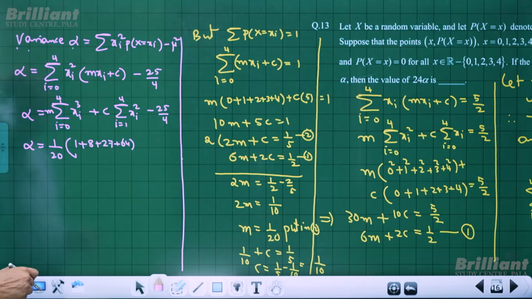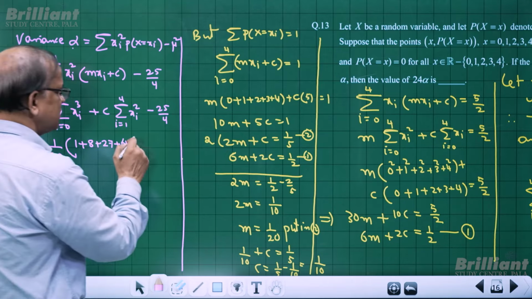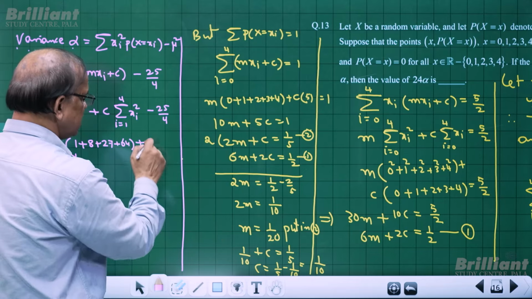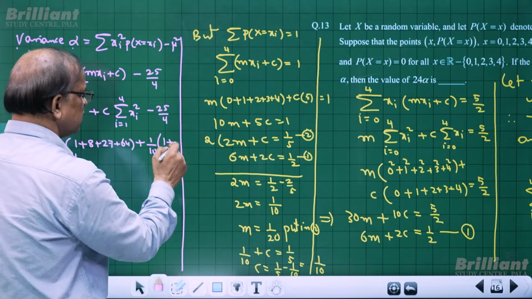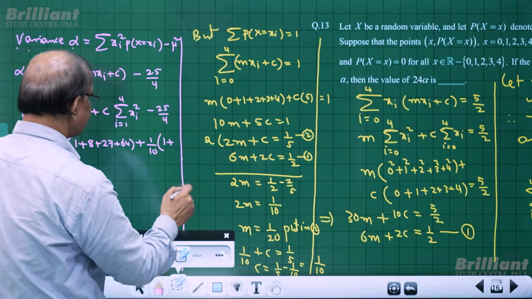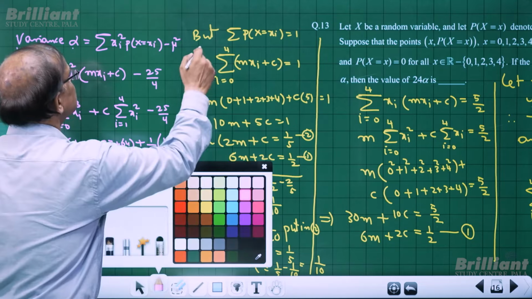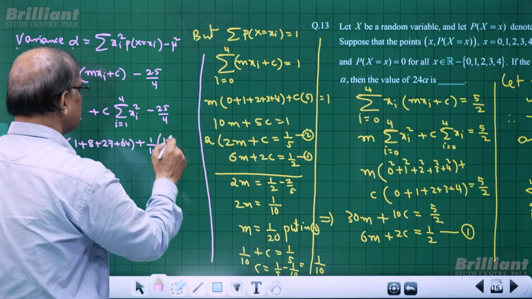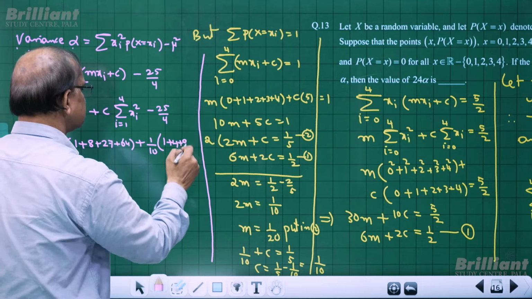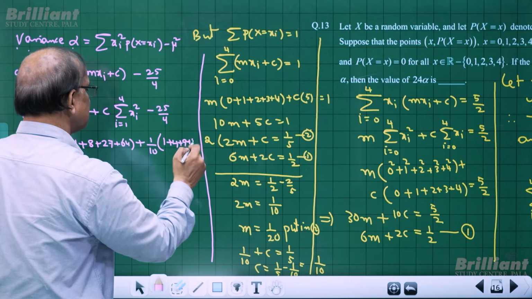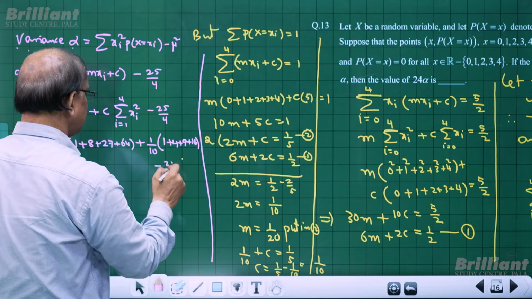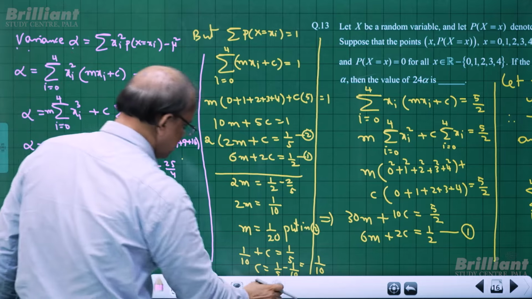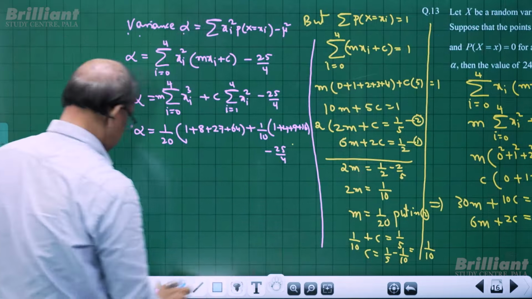Plus c, which is 1 by 10, times 0 square, 1 square, 2 square, 3 square, 4 square, minus 25 by 4.